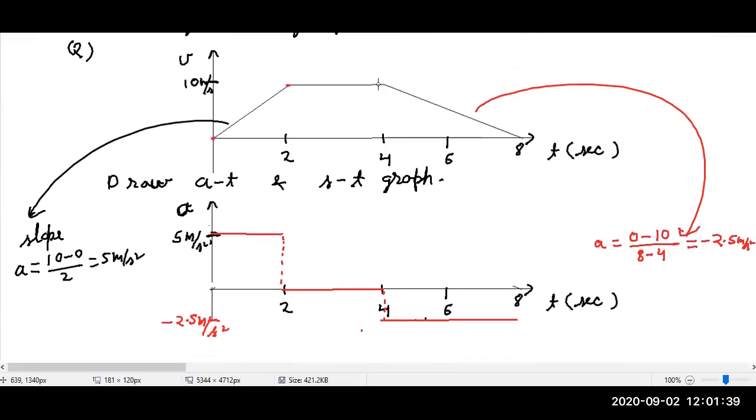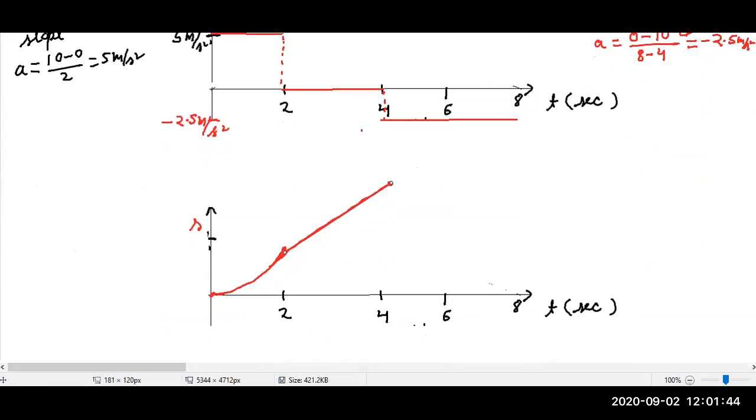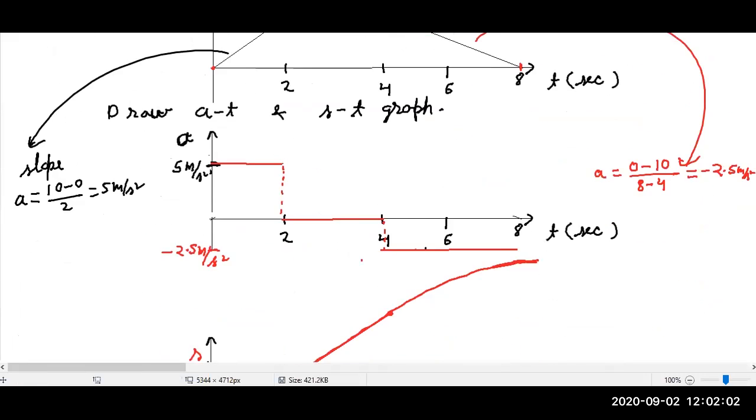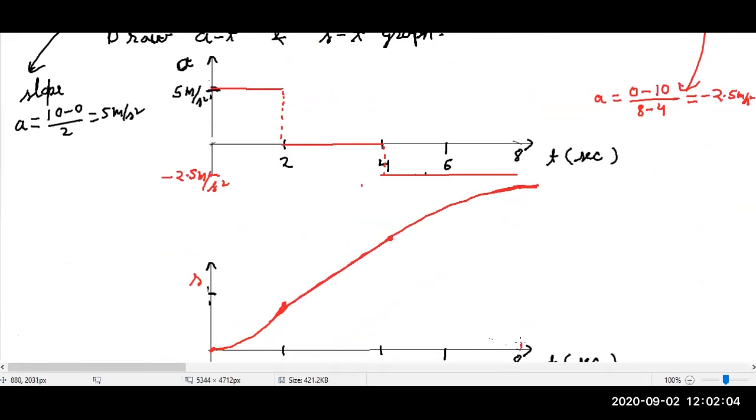After this, the velocity is decreasing. So the slope will be decreasing in the ST graph. So the slope will start decreasing after this point, and finally at the 8th second the slope is 0. Why 0 slope? Because at the 8th second you can see the velocity is becoming 0. The velocity is 0 means in the ST graph the slope is 0.